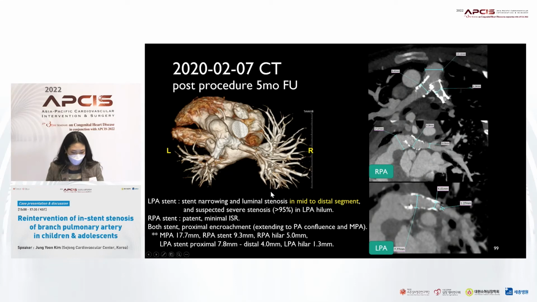At 5 months post-procedure, follow-up CT reported that the LPA stent was narrowed with luminal stenosis in the mid to distal segment, and suspected severe stenosis in the LPA hilar part, while the RPA stent was patent with minimal in-stent stenosis and proximal in-stent stenosis.